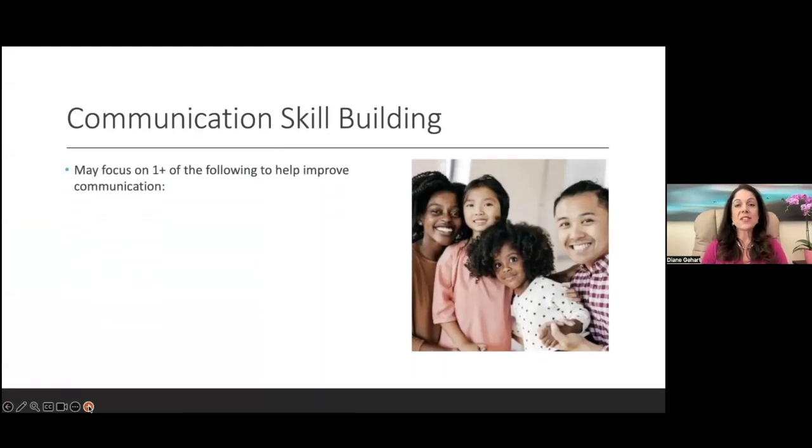That leads us to communication skill building, yet another area of skill building. A lot of these interventions come from cognitive behavioral therapy, where there's a psychoeducation component. So you focus on lots of different areas of communication: helping people take responsibility, being direct in their communication, saying what you mean and meaning what you say, being brief, especially parents.